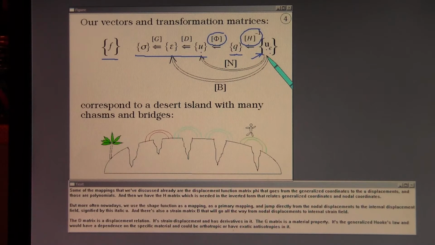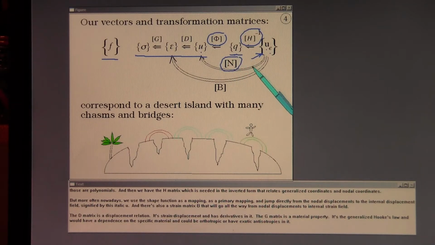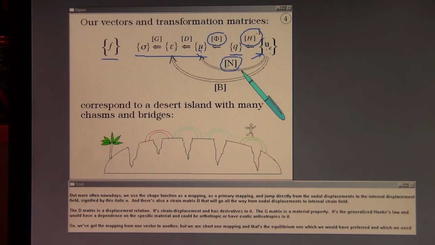But more often nowadays we use the shape function as a mapping, as a primary mapping, and jump directly from the nodal displacements to the internal displacement field, signified by this italic U. And there's also a strain matrix B that will go all the way from nodal displacements to internal strain field.